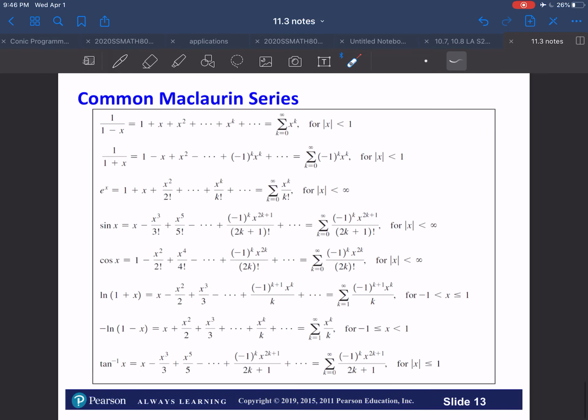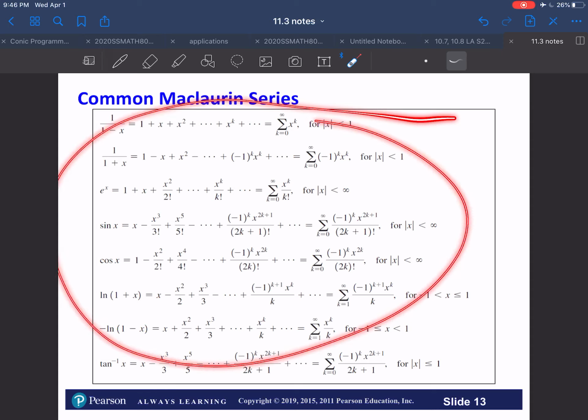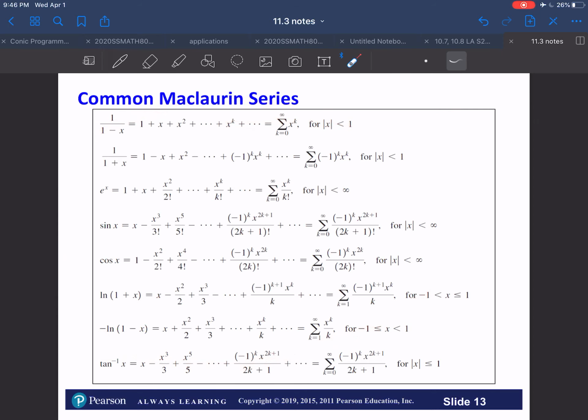Okay, so there's lots of very cool Maclaurin series that are out there. On an exam, you guys will get these Taylor or these Maclaurin series if they are necessary. So we don't give you like this whole chart, but if there's a problem that requires, for example, the Maclaurin series for e to the x, then we would give that to you.